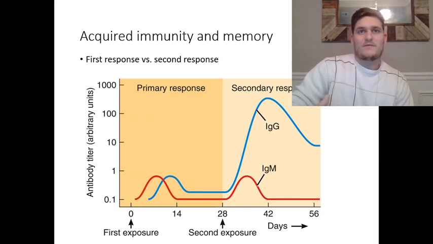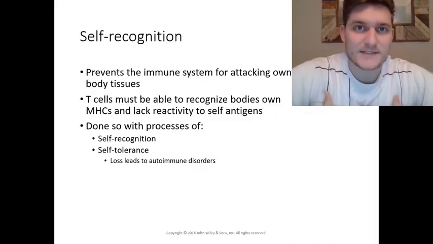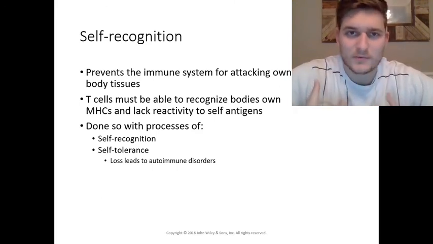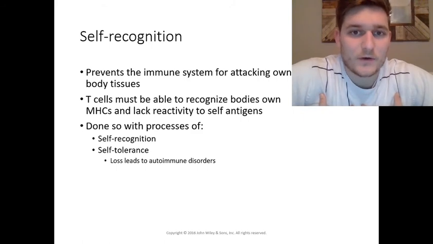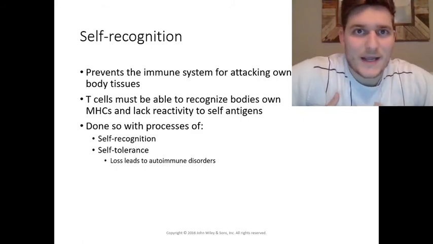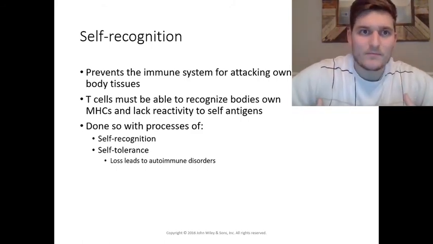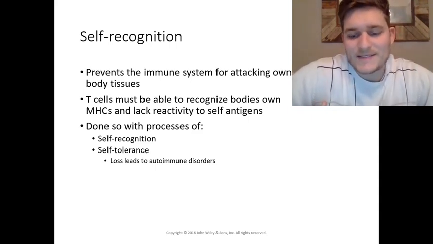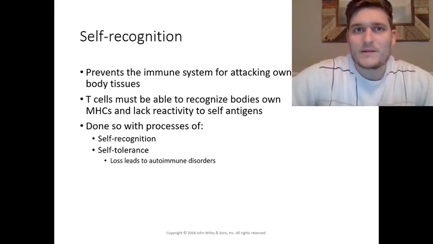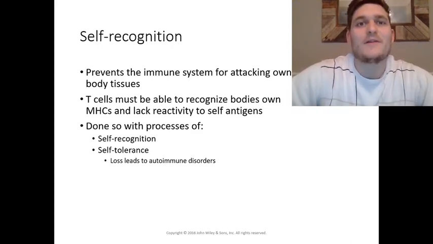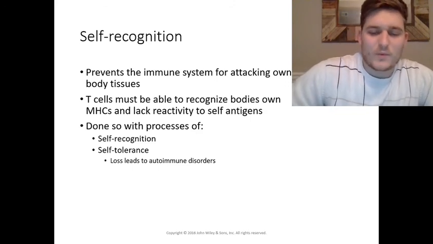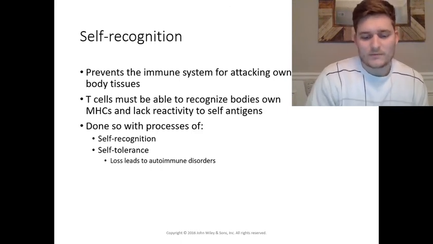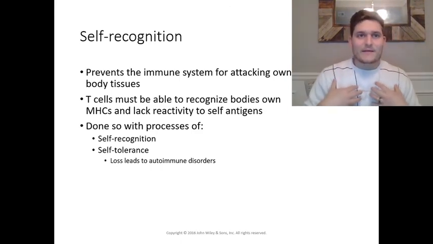Self-recognition is going to prevent our T cells from attacking our own cells. Once those T cells recognize that the cells of our own body are ours and not a foreign invader, they won't attack them. Certain autoimmune diseases, including HIV/AIDS, have an effect where over time this self-recognition, this self-tolerance, wastes away if you don't have any sort of regulation over it, so the cells of the body start attacking themselves.